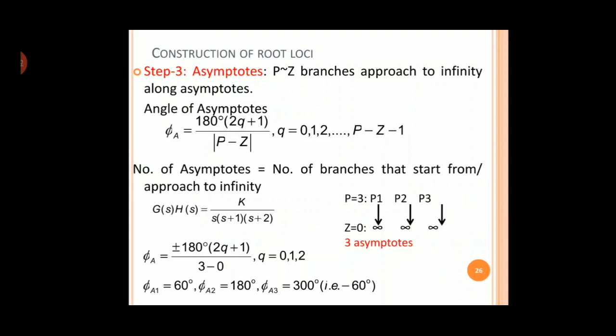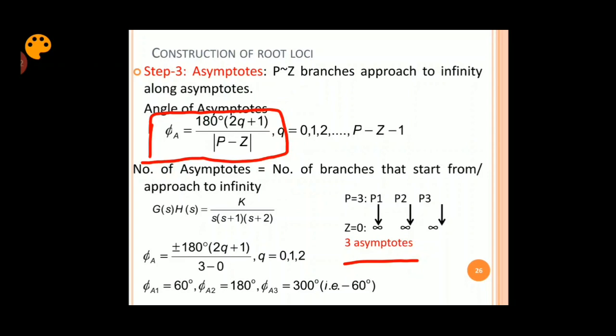Now we need to calculate the angle of asymptotes. The formula for the angle of asymptotes is given here. It is 180 degree times (2q plus 1) divided by mod of p minus z, where q ranges from 0, 1, 2, 3 up to p minus z minus 1. To make it simple, in this example I have 3 branches going to infinity, therefore 3 asymptotes.